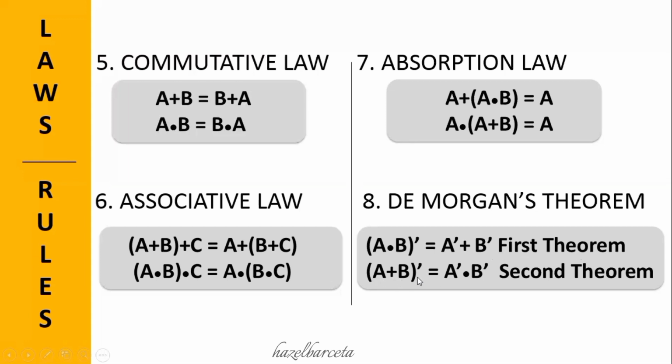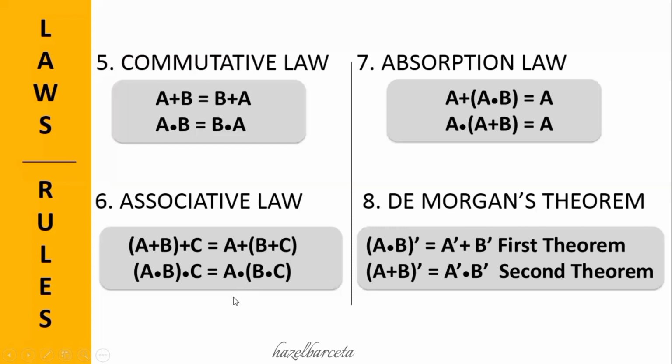The complement of A plus B is equal to A prime times B prime sa ating second theorem. So, gamit na gamit po ito lalo sa pagkuha ng complements of a function. Okay? So, we have 8 laws to follow. And remember and recall lahat.